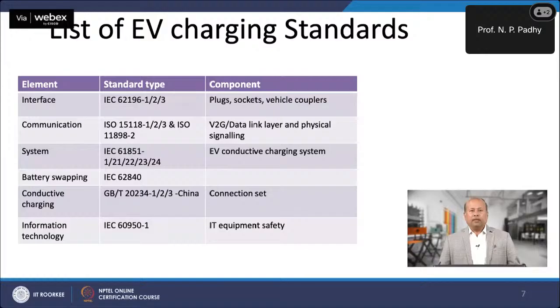The EV conductive system follows IEC 61851-1/21/22/23/24. The battery swapping follows IEC 62840.